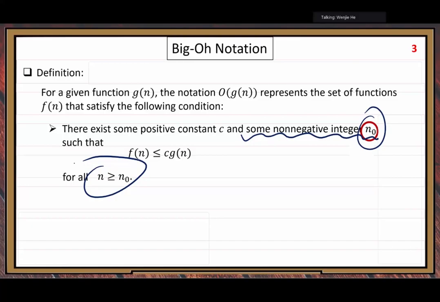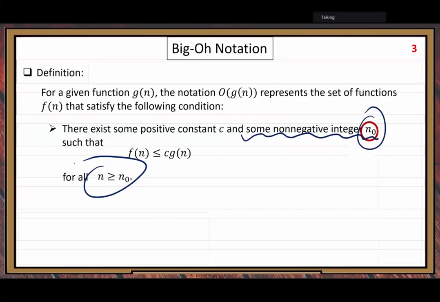If n is less than n0, we do not need this inequality to hold. That means when n is relatively small, whether this inequality holds or not is not important. It may hold, it may not hold, but it's not important.